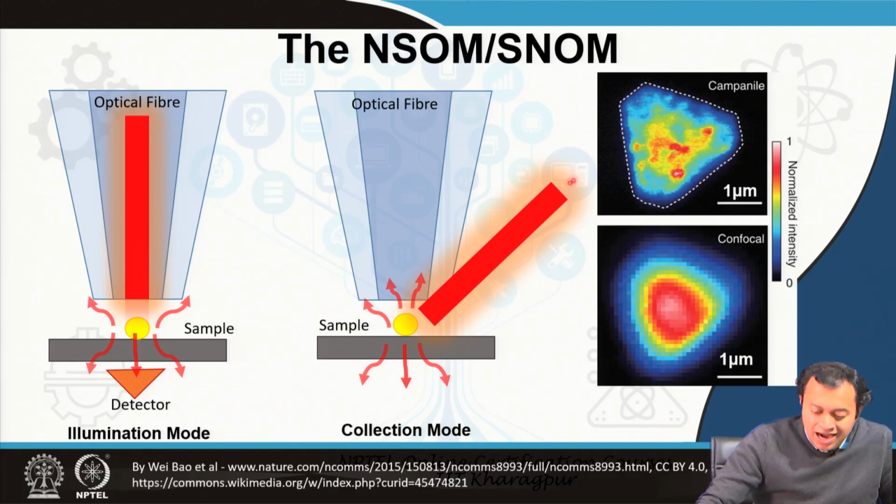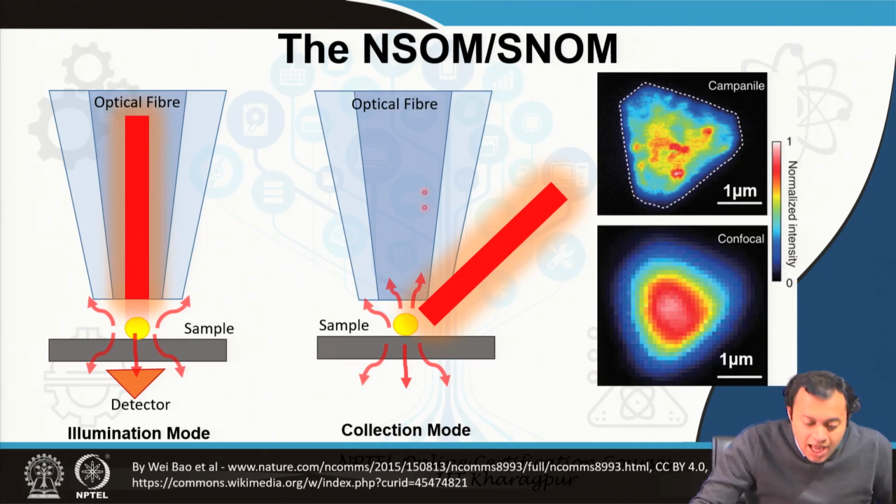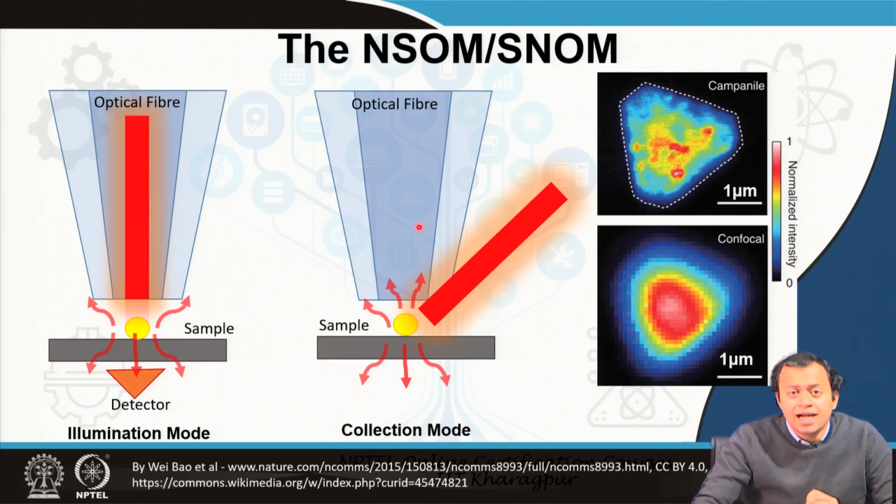When you are shining a laser light from outside, the sample can start emitting light, fluorescence can happen, etc., and the optical fiber can be brought in very close to the sample, collect some of the photons that are coming up, and through guided mode, which otherwise would have been killed, the light can be collected with a detector which is sensitive enough. We can put the detector inside the optical fiber or at a place where it can be collected.